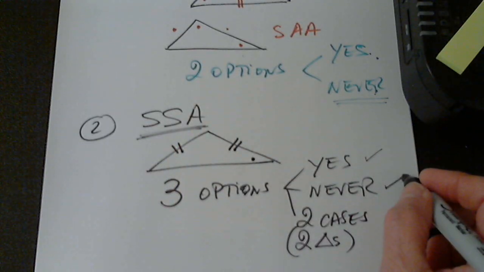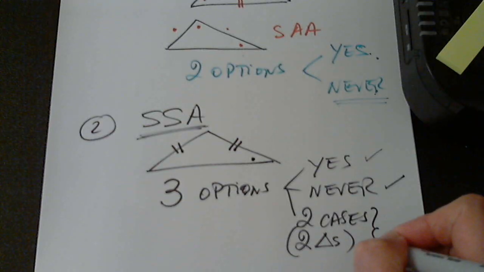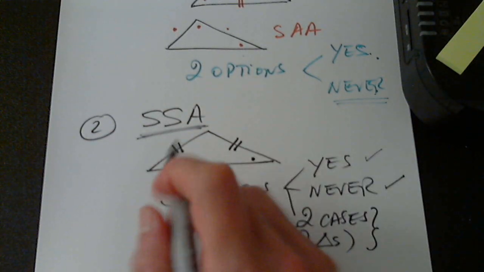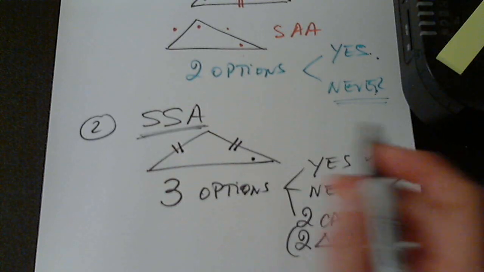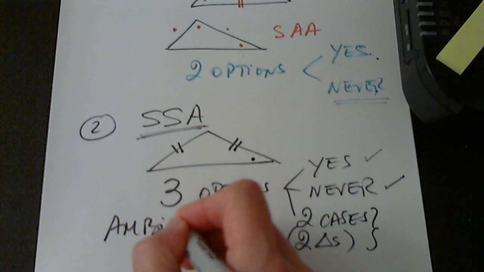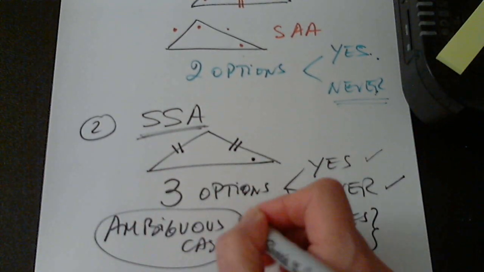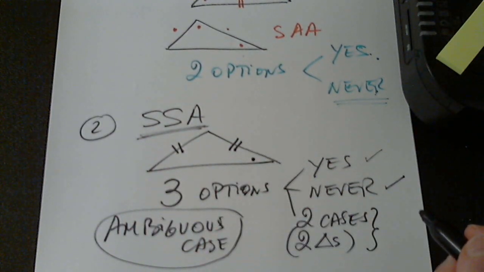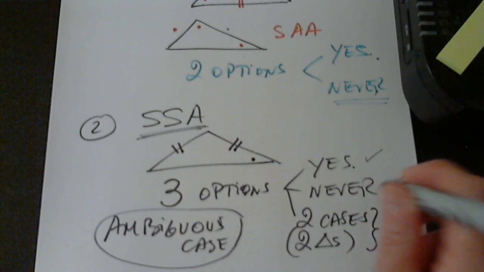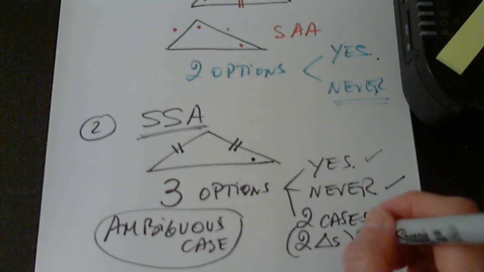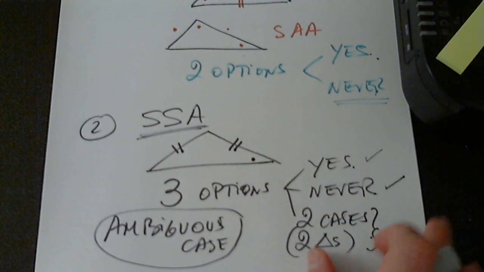No, it does not exist. Or there are two triangles that fit the information given to us. It's called the ambiguous case, and it's the only one.